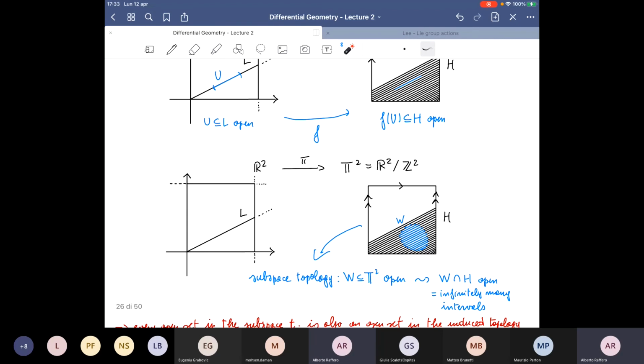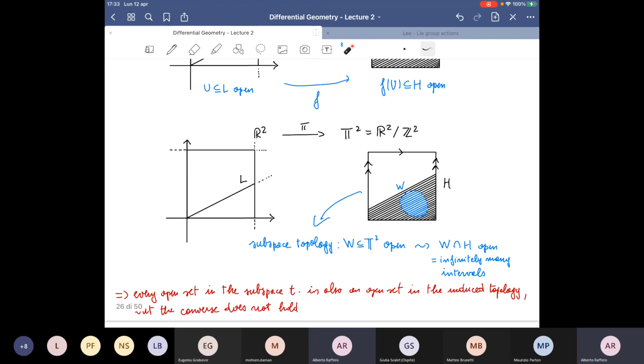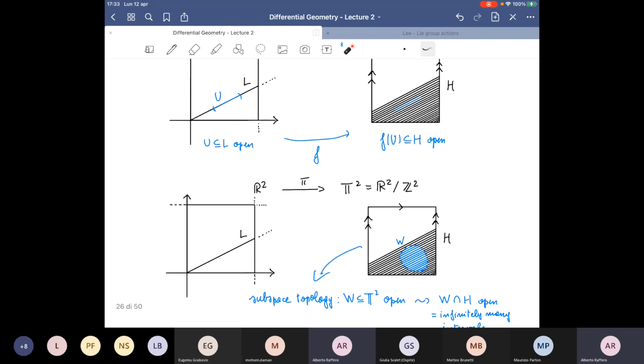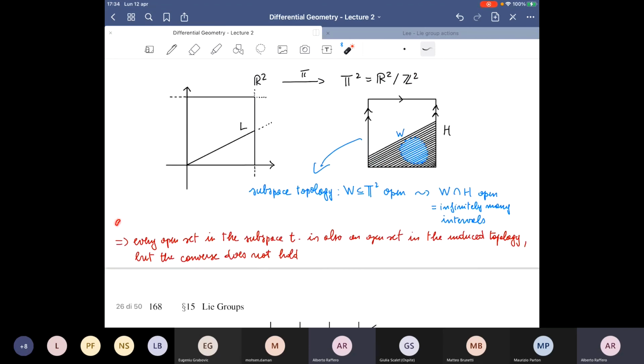The converse is not true. So the subspace topology has fewer open sets if compared to the induced topology. And so this is the conclusion.